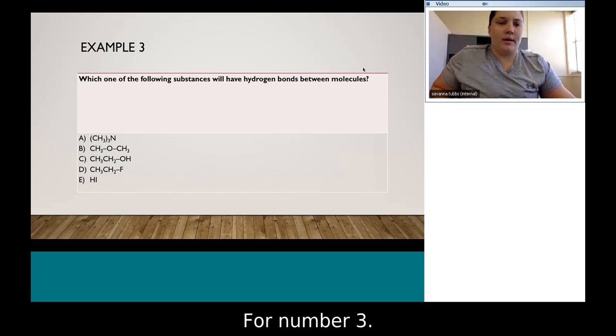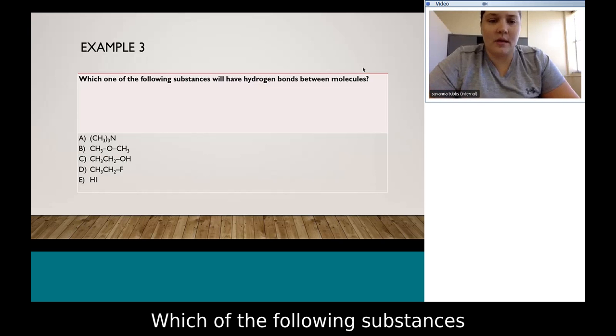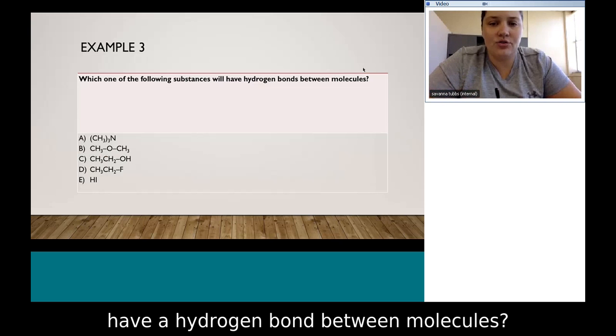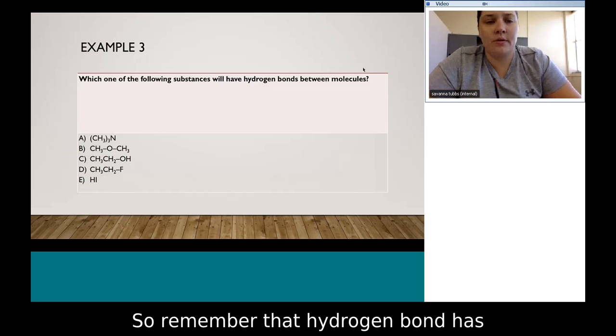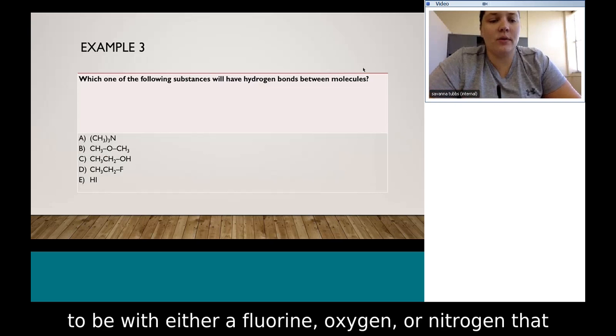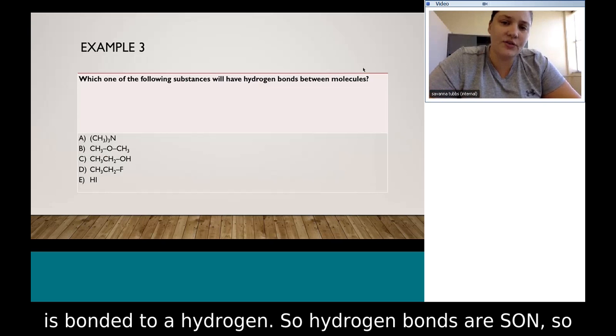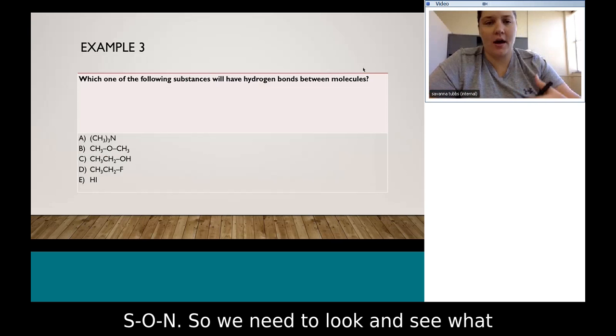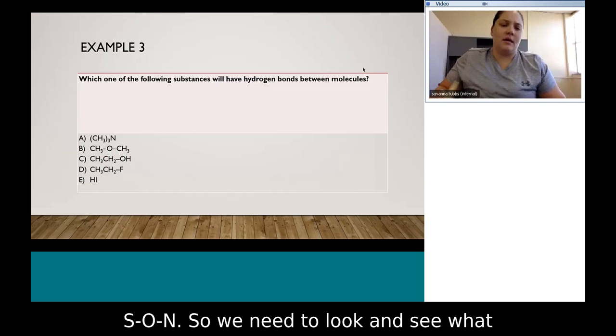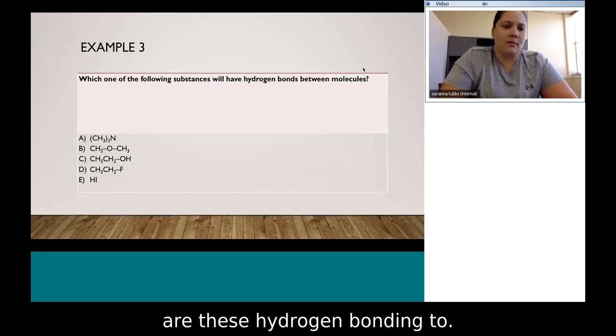For number 3, which of the following substances have a hydrogen bond between molecules? So remember that a hydrogen bond has to be with either a fluorine, oxygen, or nitrogen that is bonded to a hydrogen. So hydrogen bonds are FON. So we need to look and see what these hydrogens are bonding to.